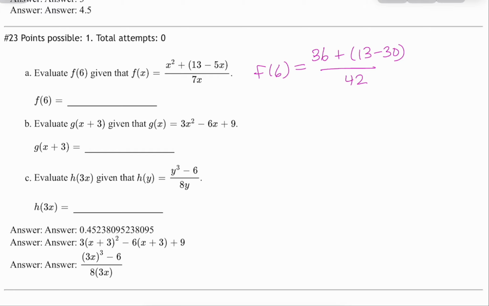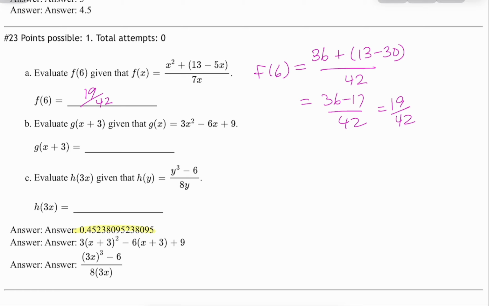Then 13 minus 30 is negative 17, so that's 36 minus 17 over 42. 36 minus 17 is 19, so that's 19 over 42. I think just putting 19 divided by 42 is a good option because iMath will then give you that preview of that weird decimal you see there.